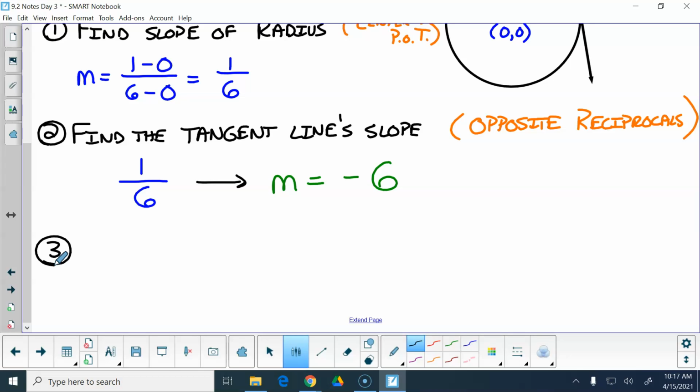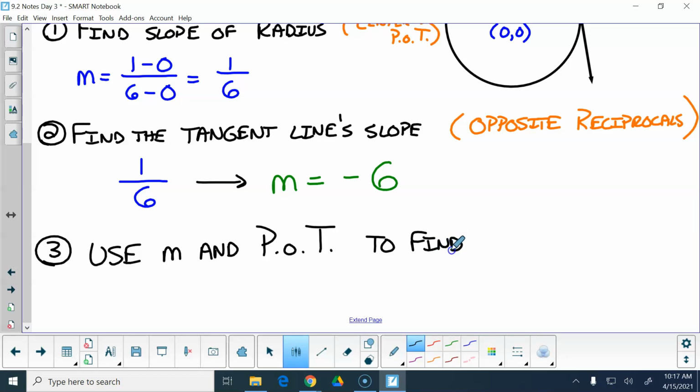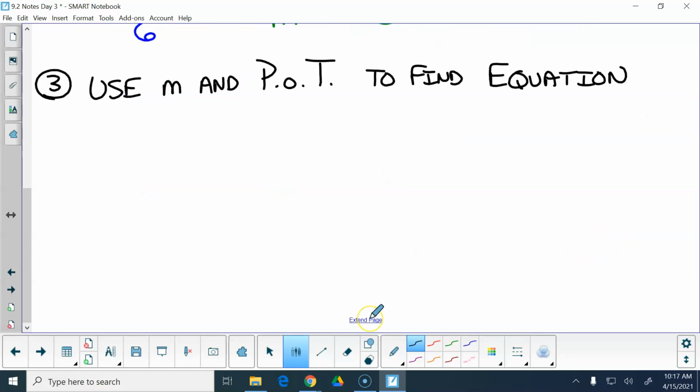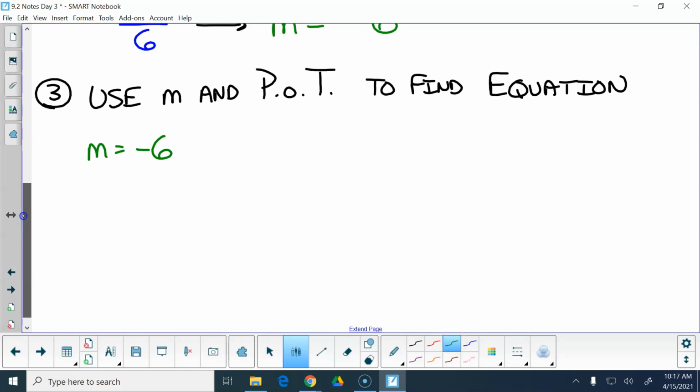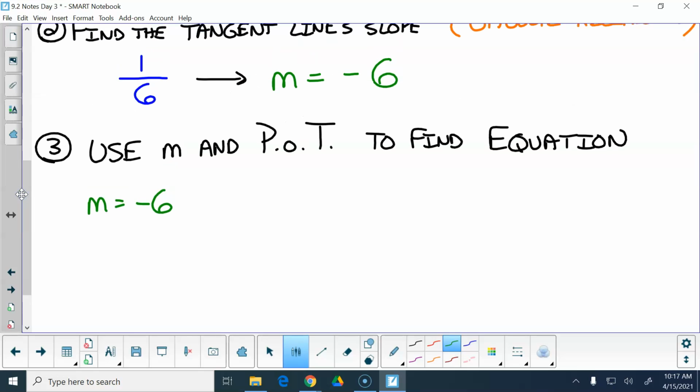So lastly, we're going to use the slope and the point of tangency to find the equation. My slope is -6. We got that from the very last step.